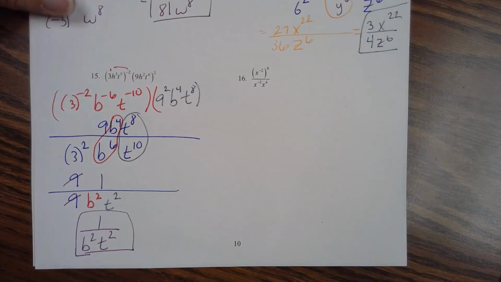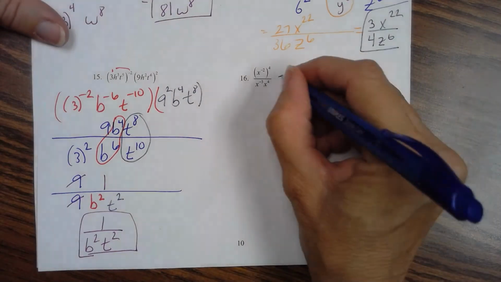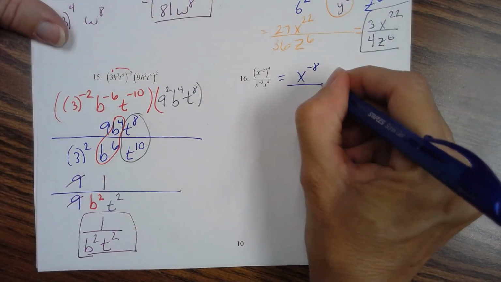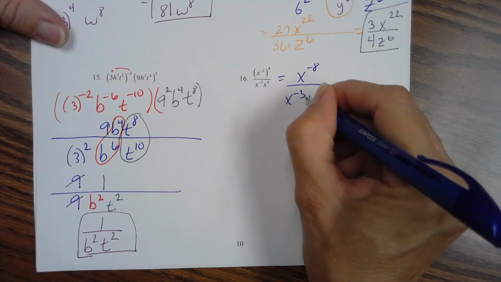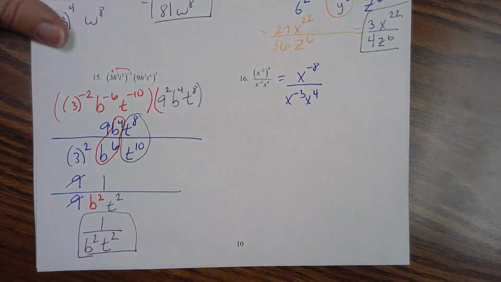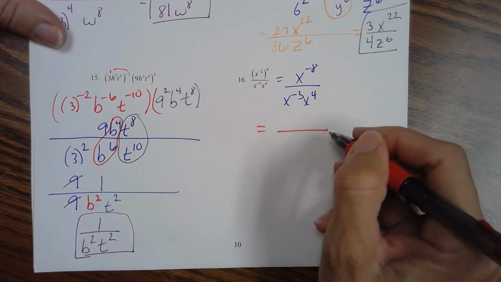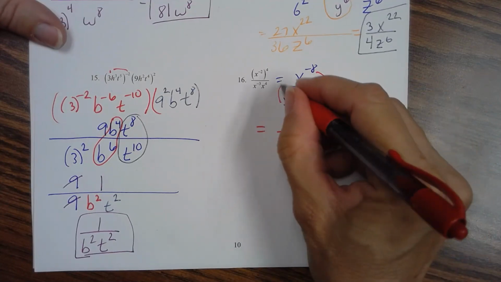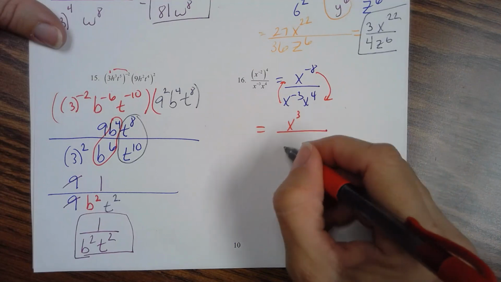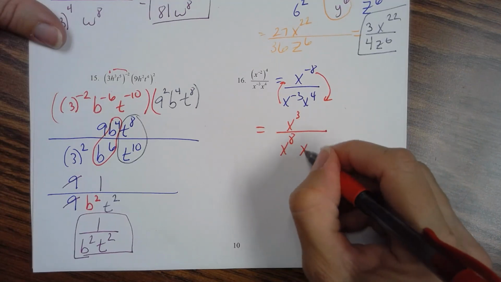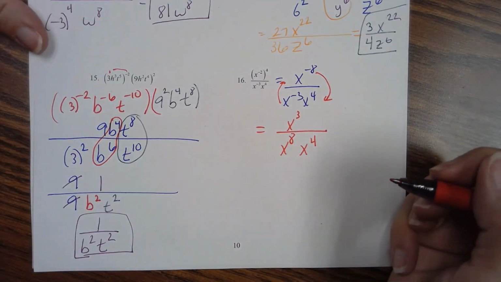And last problem, distribute your power to every power. We get x to the negative 8, and we still have x to the negative 3rd and x to the 4th. Again, some of y'all are going to want to work with negative exponents. I suggest not to. So this one goes down and this one goes up. So x to the 3rd goes up, x to the 8th goes down, and x to the 4th stays down.